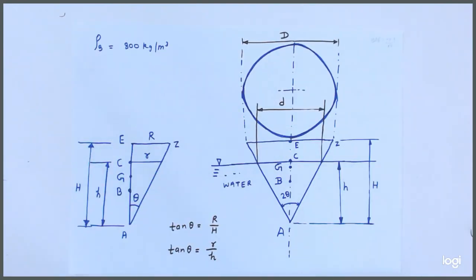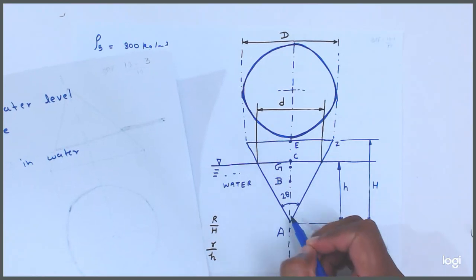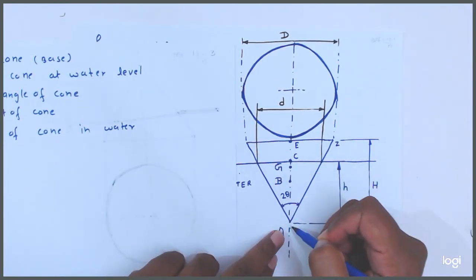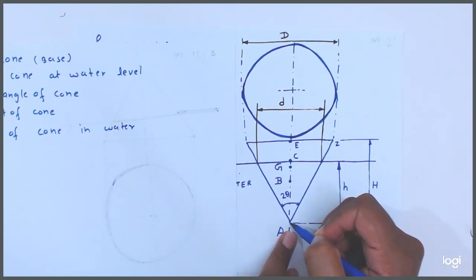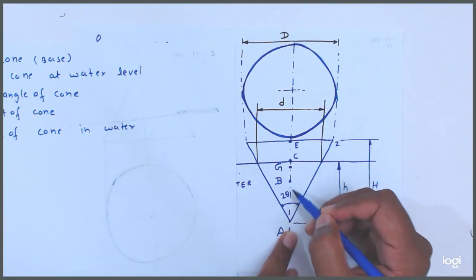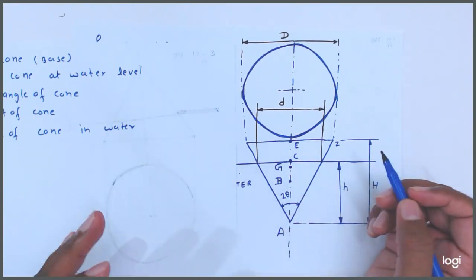Now for cone, what is the height of G? Or you can say the distance of A to G, is how much?